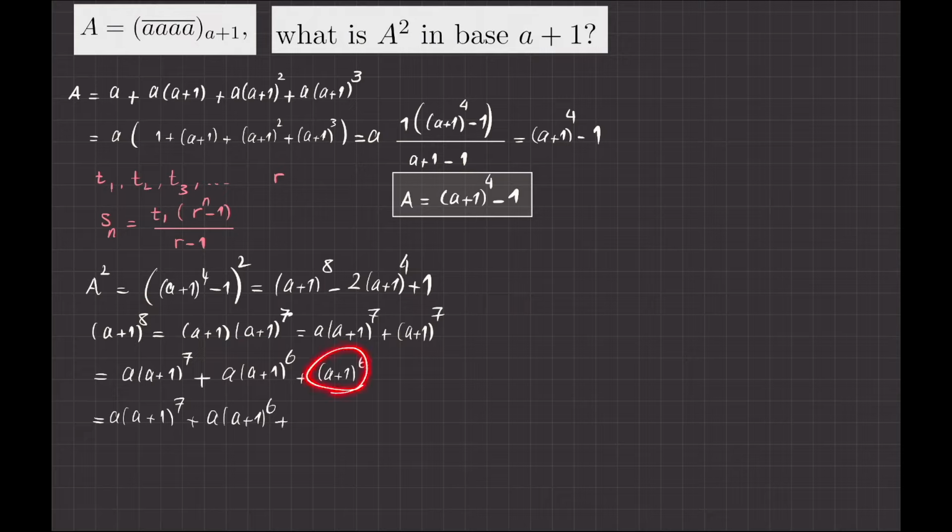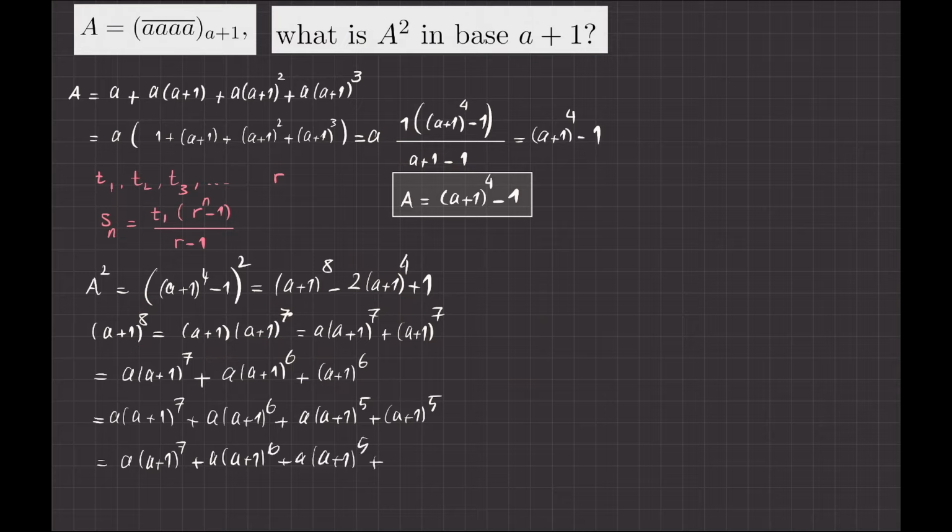Instead of this, I would write (a+1) times (a+1)^5, and I will do the same thing. Okay, so this becomes a times (a+1)^5 plus (a+1)^5, and one more step I will do. It becomes a times (a+1)^7, a times (a+1)^6, a times (a+1)^5.